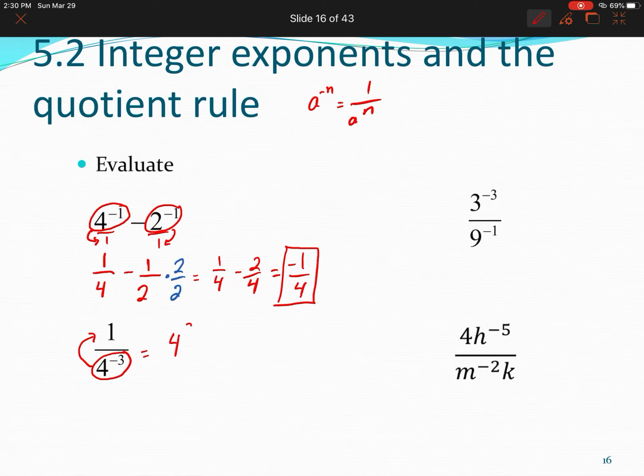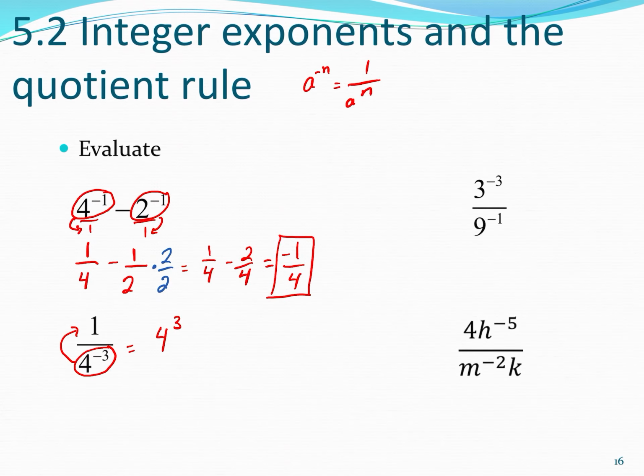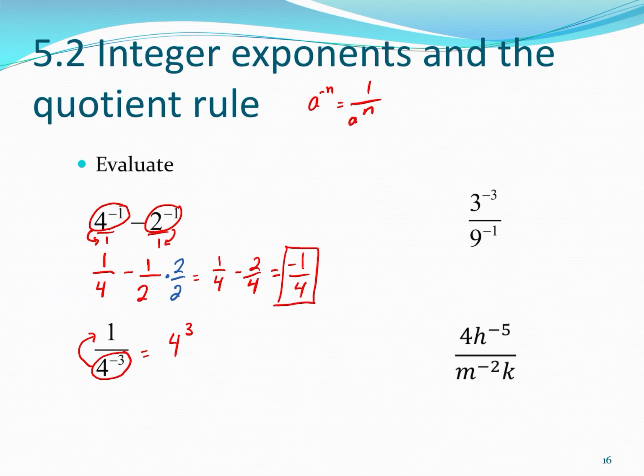Again, the key here is writing this with a positive exponent. So if you look at the next one, and we again write this one with a positive exponent, we're going to take that base and its negative power, which is on the bottom of the fraction, and now move it to the top. And when you move it to the top, it becomes 4 to the positive third.